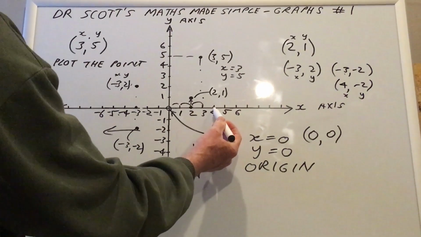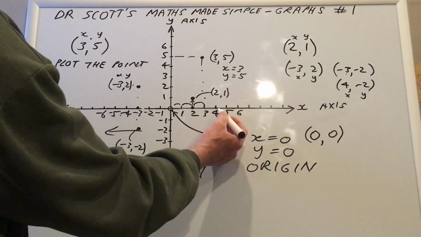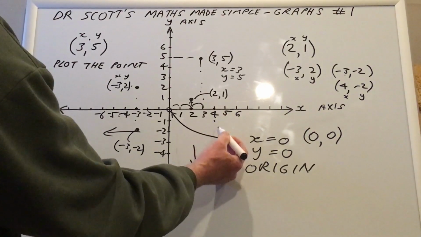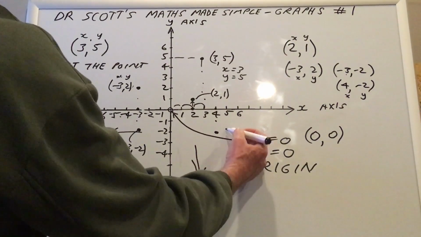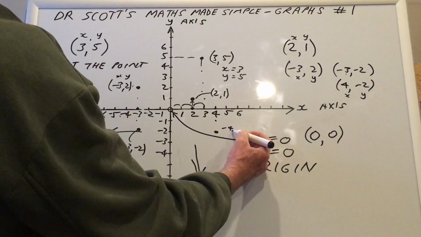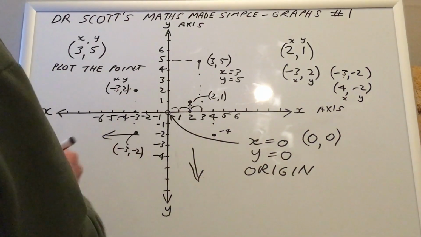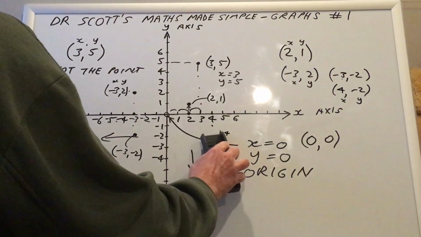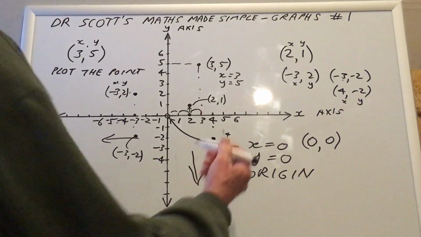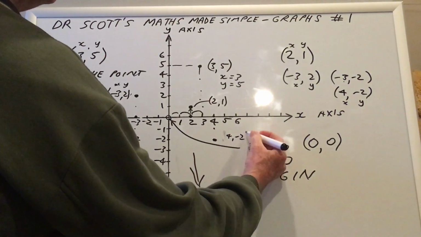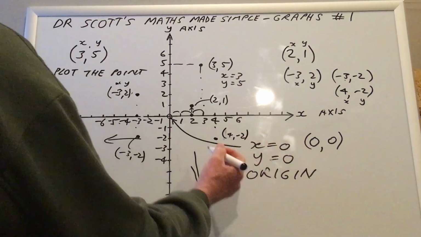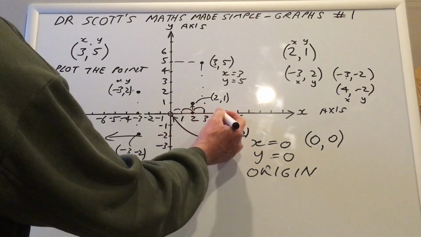That's the X, +4, and then -2 on the Y axis. Down 1, down 2. My mistake, the point (4, -2) is here. So it's come along 4 and down 2.